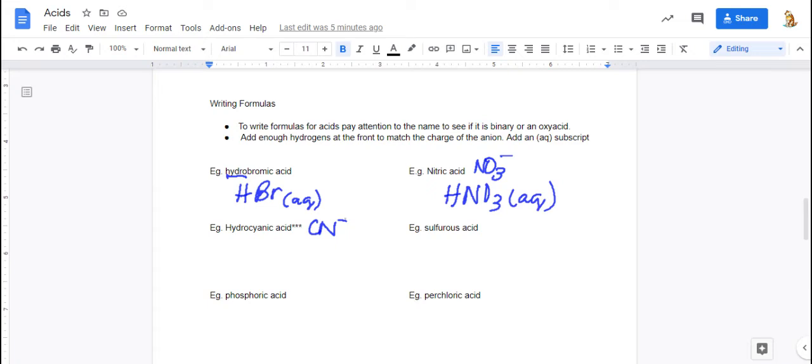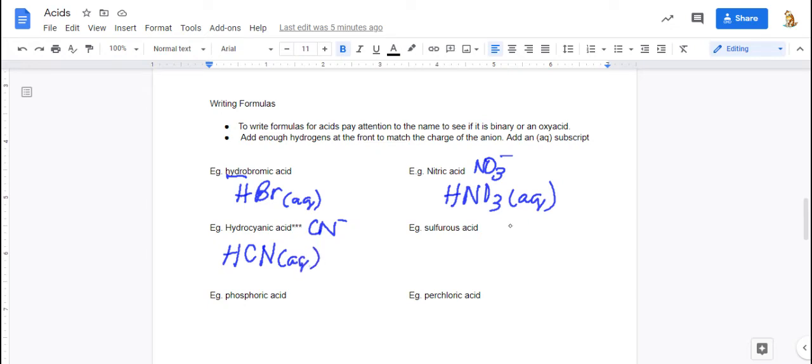So it follows those rules rather than the polyatomic ion rules. So hydrocyanic acid, I would need 1 hydrogen because I've got 1 negative charge and I need an AQ.